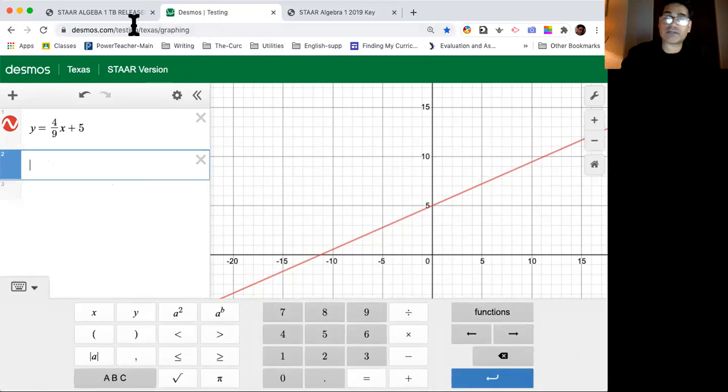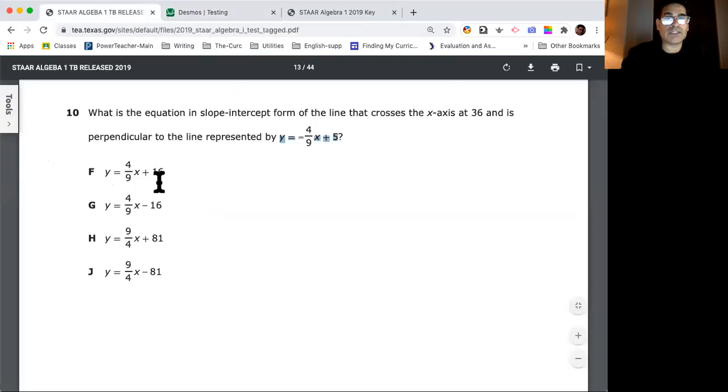Not hard, right? You're an expert at that now. So here's my line here, and it says 4/9x plus 16. Well, let's take a look at that. And, oh, by the way, you might want to remember a few points so that you don't have to do this for every single one of these.